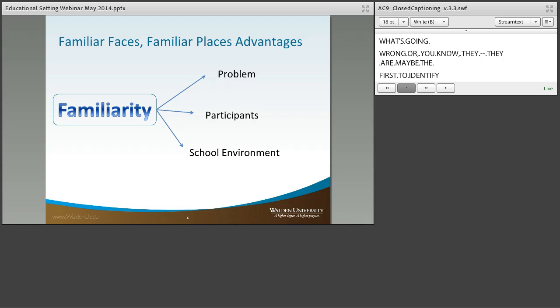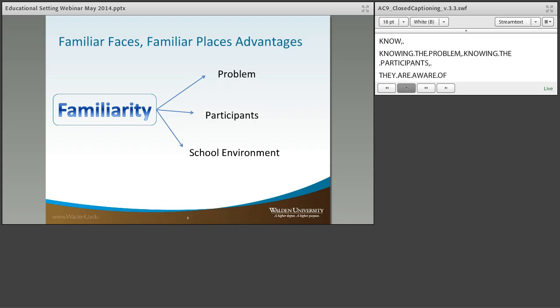Additionally, they're familiar with the participants. They're familiar with people who would be able to provide usable data and really informative points about the topic and to try to figure out what it would take to address the problem. And in addition to knowing the problem, knowing the participants, they're aware of the environment, of the culture.